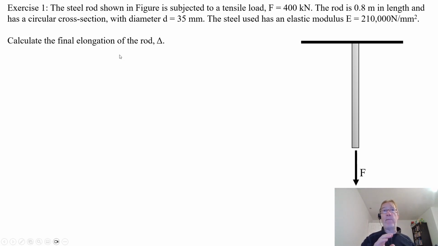Now, we do have this exploded into more detail for further work for you to do during the week. But for just now, exercise 1: the steel rod shown in the figure is subject to a tensile load of 400 kilonewtons.